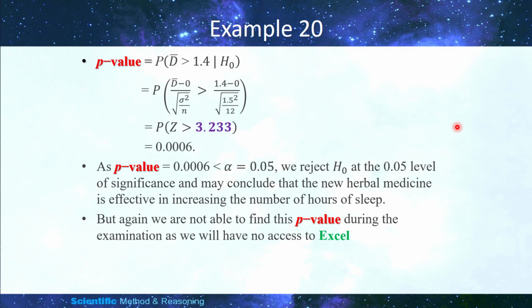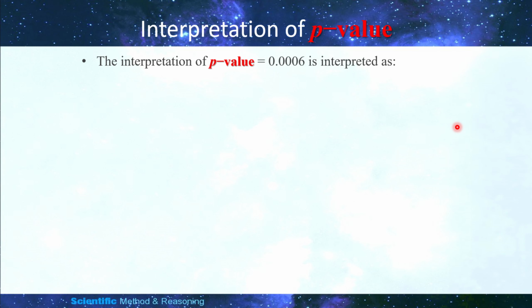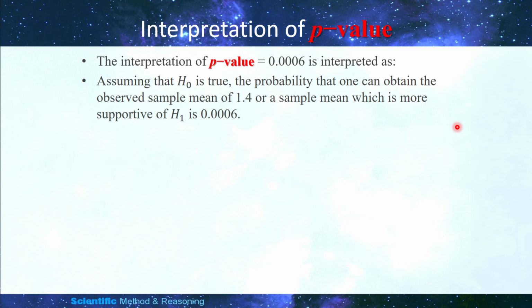But again, we are not able to find this p-value during the examination as we have no access to Excel. Now, what is the interpretation of this p-value? A p-value equal to 0.0006 is interpreted as follows: assuming that the null hypothesis is true, the probability that one can obtain the observed sample mean of 1.4, or a sample mean which is more supportive of the alternative, that means greater than 1.4, is only 0.0006.